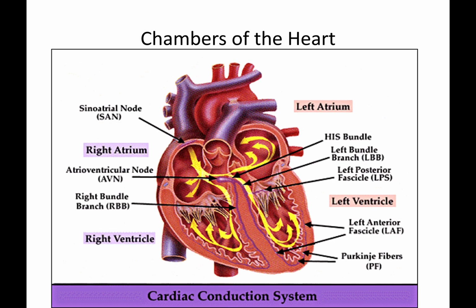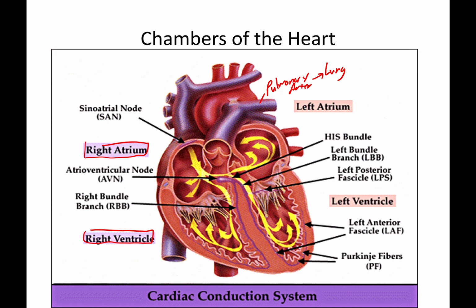Chambers of the heart. Simply put, you have your right atrium, right ventricle. You have your, I'm going to go ahead and mark this, pulmonary artery, which then goes to the lung.